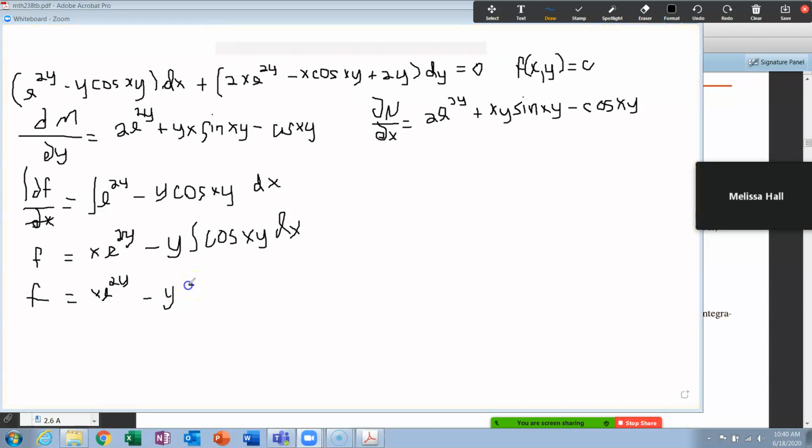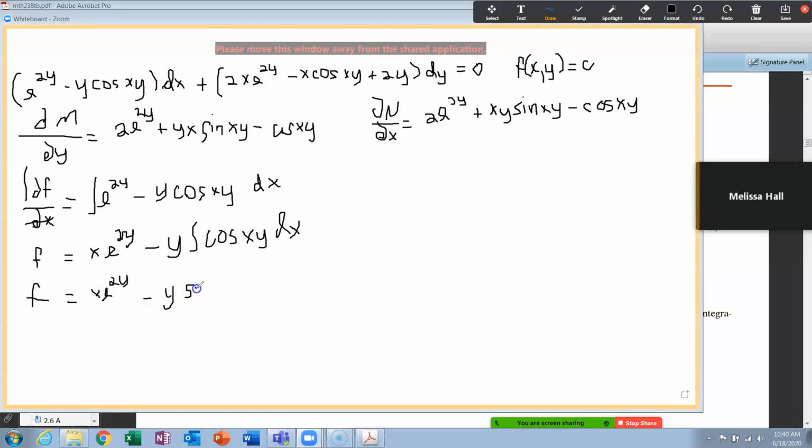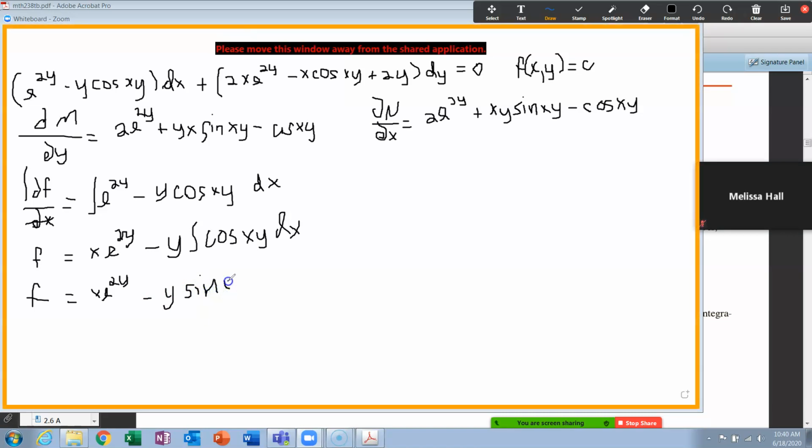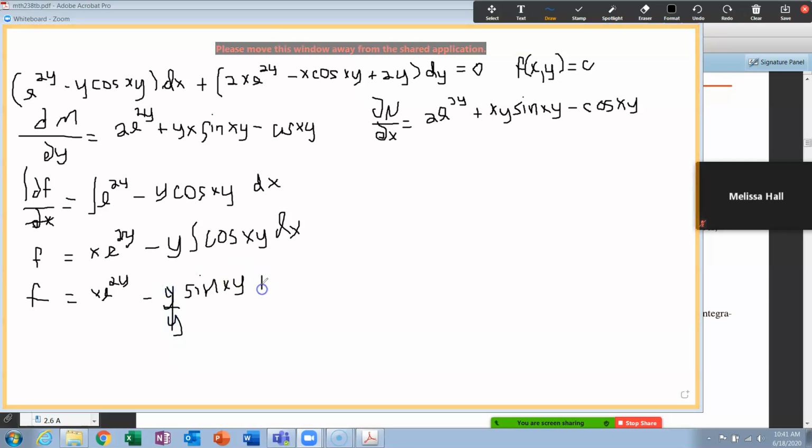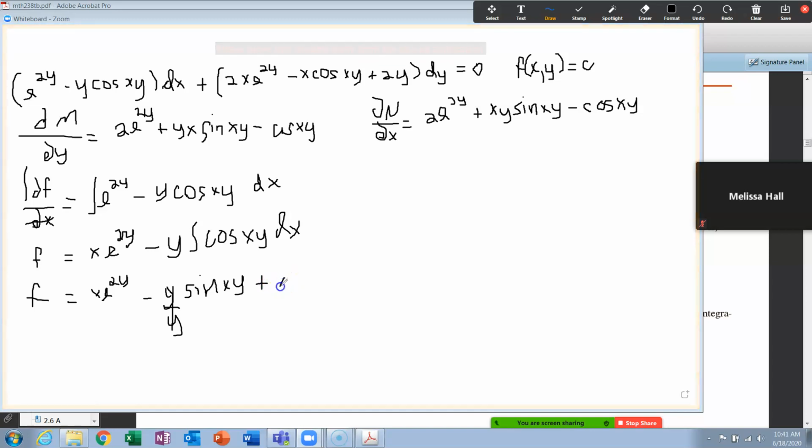That's going to be sine, a positive sign. Okay, so we don't change that. That's going to be a sine of xy. But now remember the y is a constant here. So then we're going to be dividing by that constant because this is a derivative. And dividing by that constant is going to wipe out that y. Oh my goodness, look at that. Now we put in our constant of integration, which is your g of y.